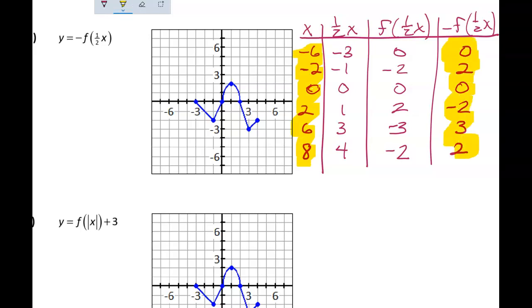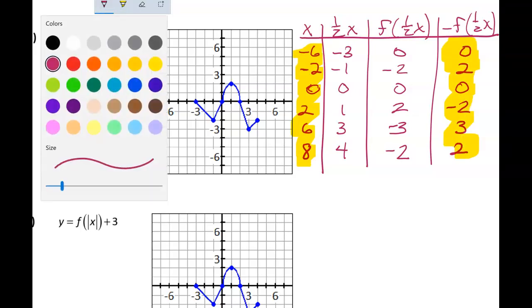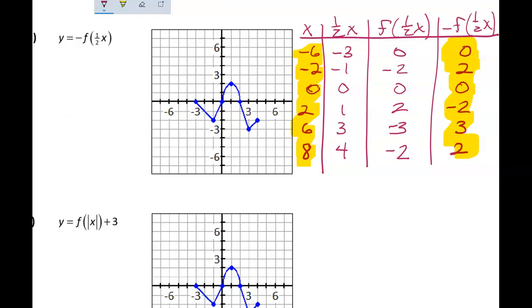The first and last columns are the x, y pairs for the transformed graph. -6, 0, -2, 2... well, let me fix that last point. That should have been -2, 2, and now 0, 0.